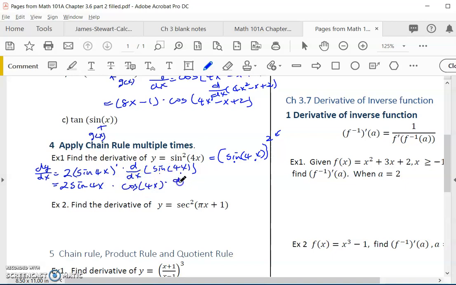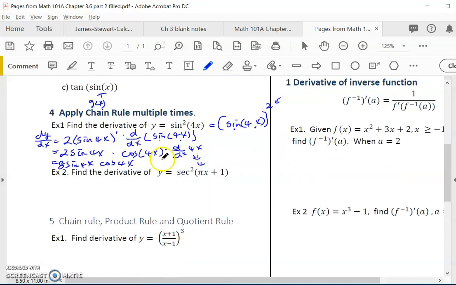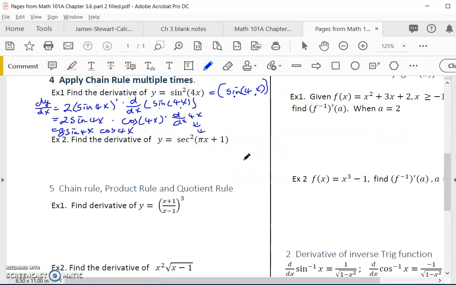And then I do d dx of what? 4x, which is 4. So the answer would be 8 sine 4x cosine 4x. And that's the answer.